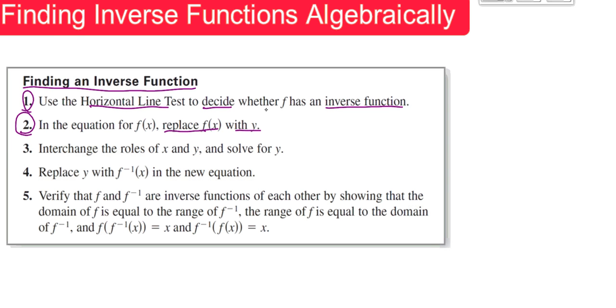Steps 2, 3, and 4 are step by step, the algebraic steps. Once you write it with y, you interchange x and y and solve for y. And then at the end, once that new y is alone, you replace that with f inverse.